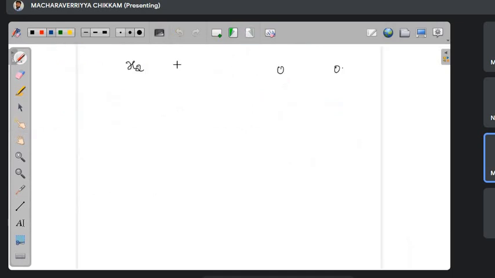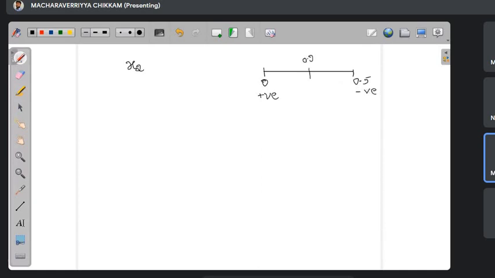So now again, let me take this interval. Earlier our interval is 0 and 0.5. Here you know it is positive and here you know it is negative.